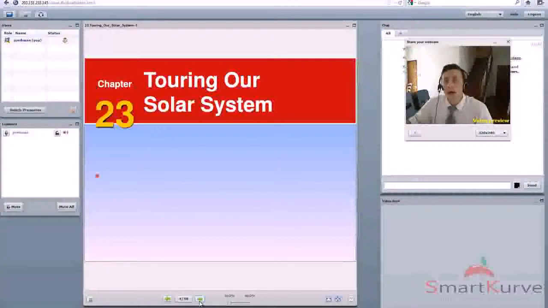However, we also know that the earth is only one of 8 planets that revolve around that sun. And that just like the earth, many of these planets also have moons and atmospheres. So we're going to take a look at all of these different planets and some of the other bodies that we've got revolving around the sun.